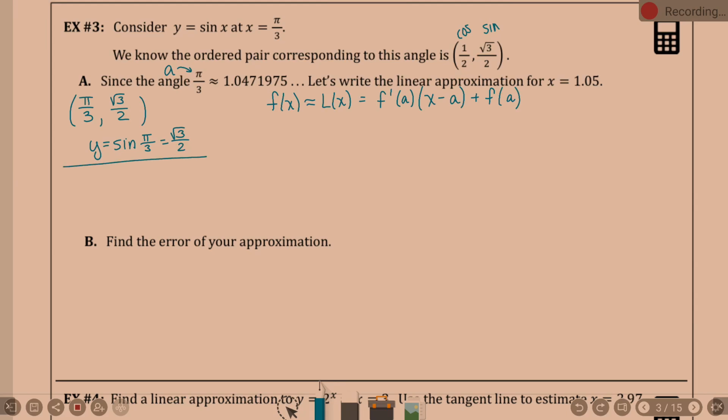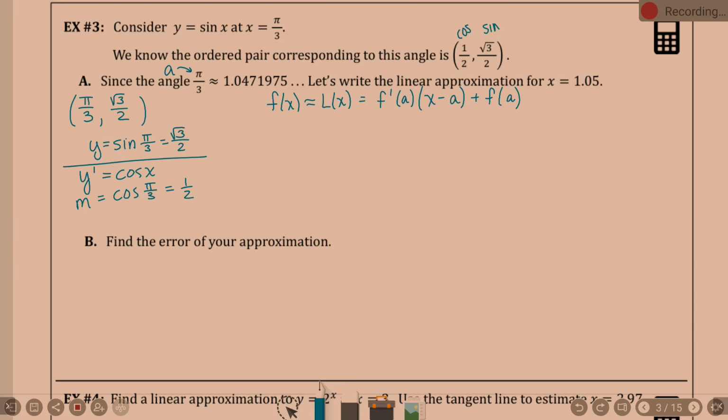So if y is sine, what is y prime? Cosine of x. And so we're going to evaluate that. We're going to be doing cosine of pi over 3, which is 1/2, according to our ordered pair. And that is going to be our slope, or f prime of A, if you will.